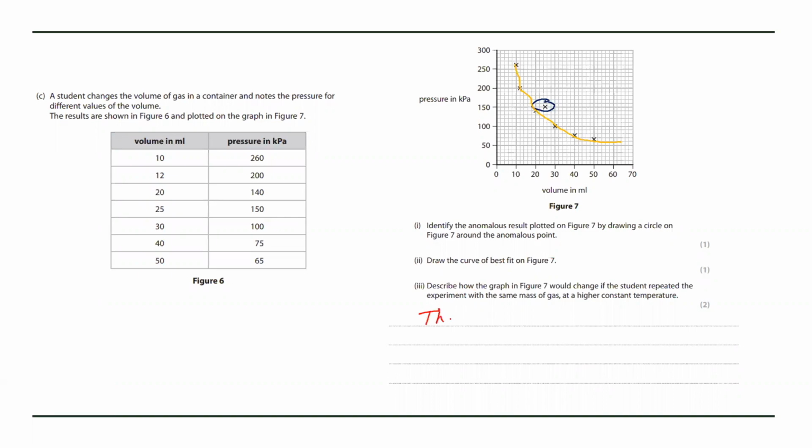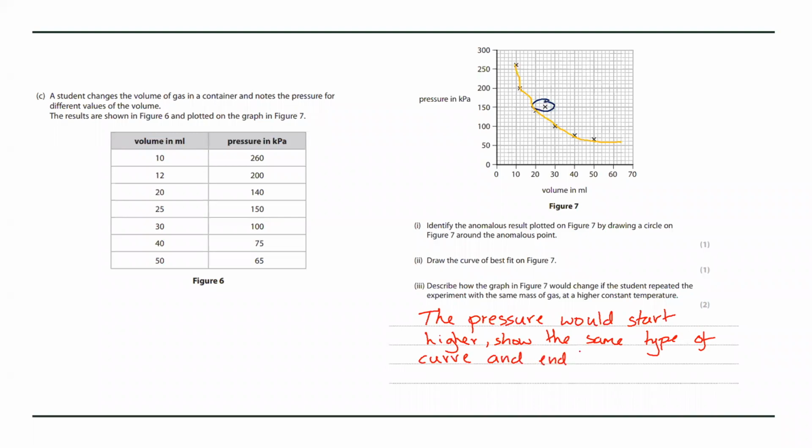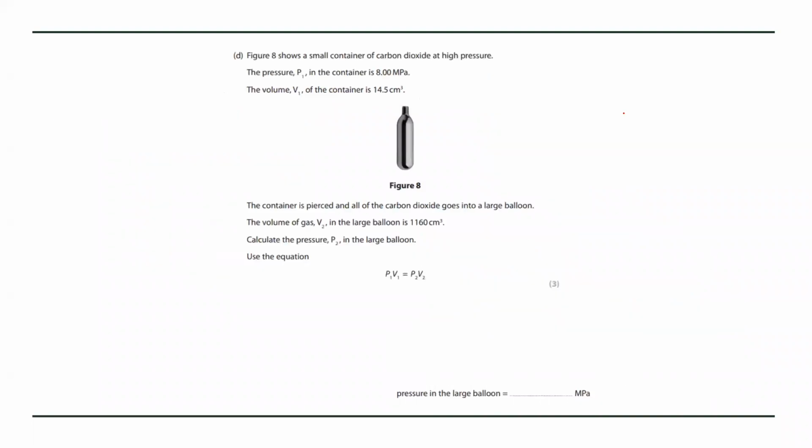So the pressure would start higher, show the same type of curve, and end higher. So it would look like that. Sometimes they might want you to draw it on.